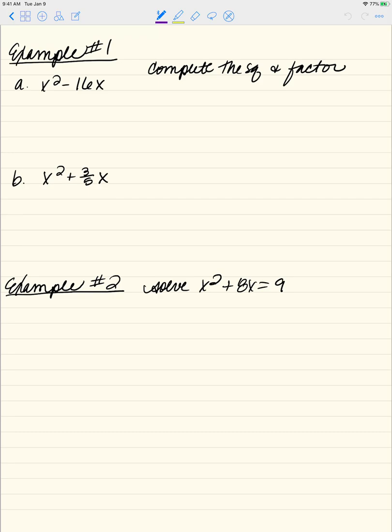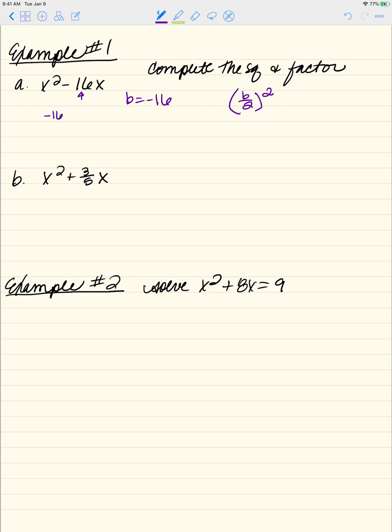So example number 1 just says complete the square and factor. Okay, so we have x squared minus 16x. First identify what is b. In this case, b is right here, and b is equal to negative 16. So remember, we're going to take b over 2 squared, okay?